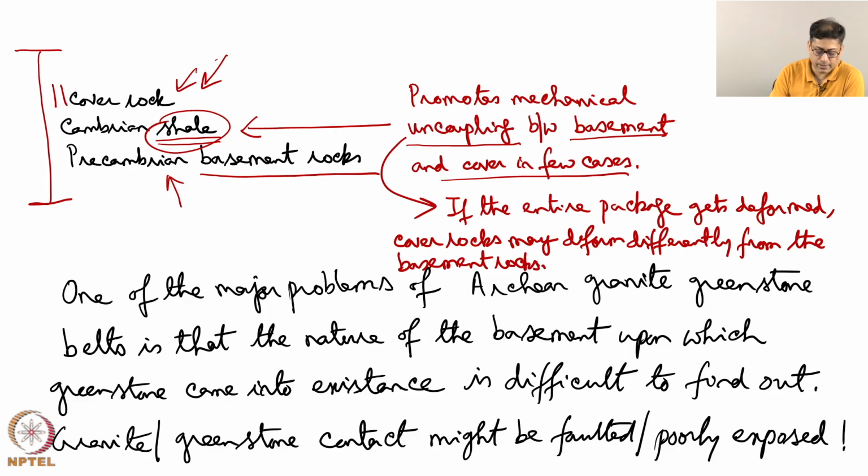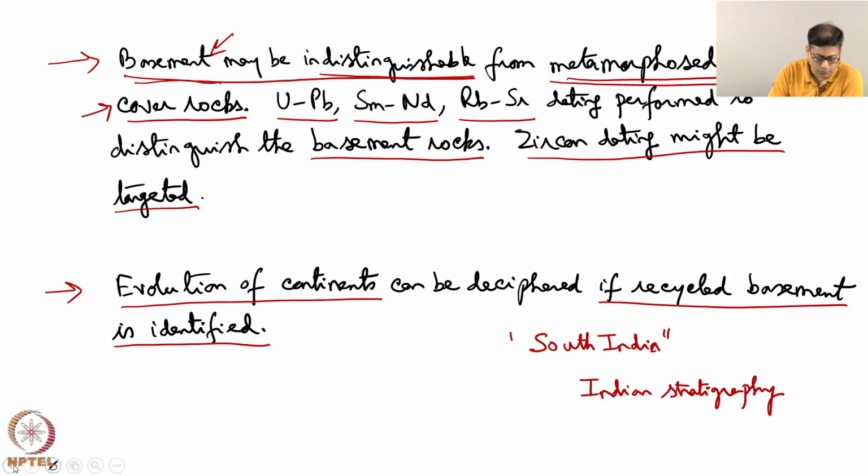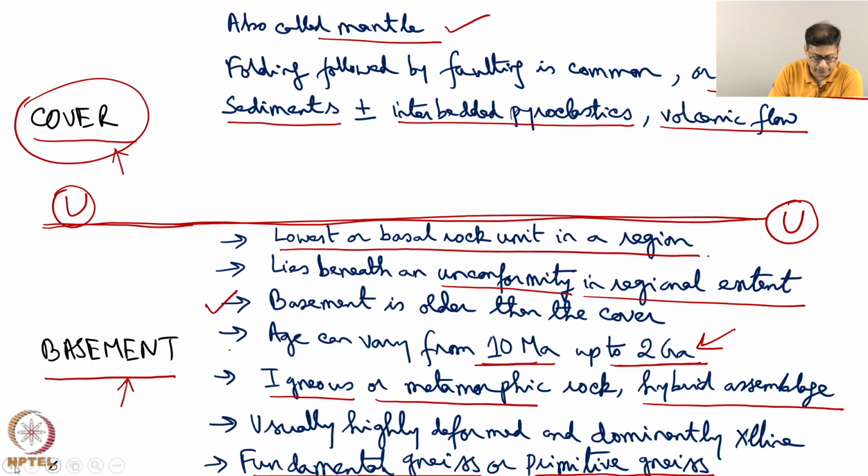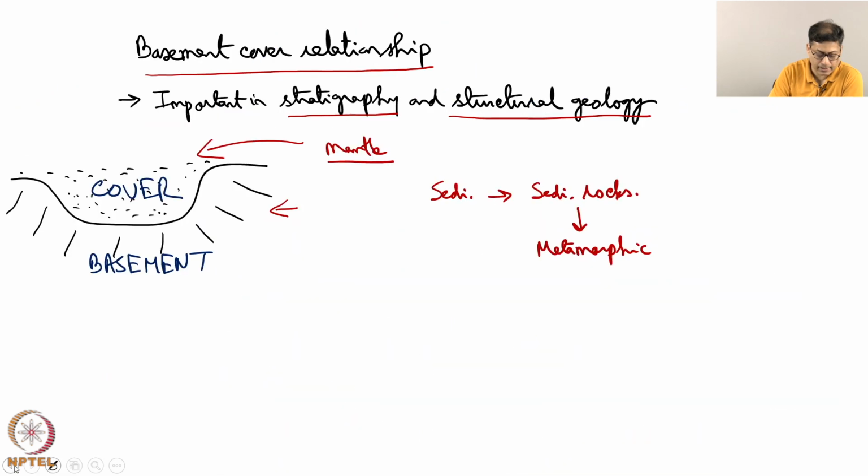So, the basement-cover relationship also talks about a mechanical stratigraphy. Here, in this diagram, the basement behaves in one way, the cover behaves in another way, because they are different rocks. This is hard igneous or metamorphic rock, whereas this can be sedimentary rock. Now, in terms of the geothermal gradient, the basement and the cover rocks are at different temperatures.